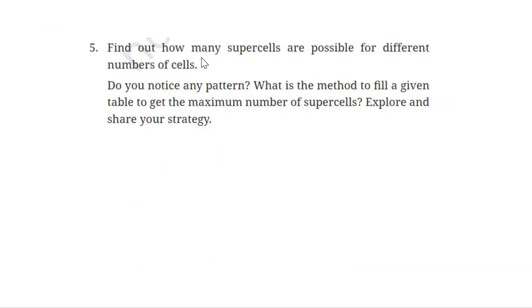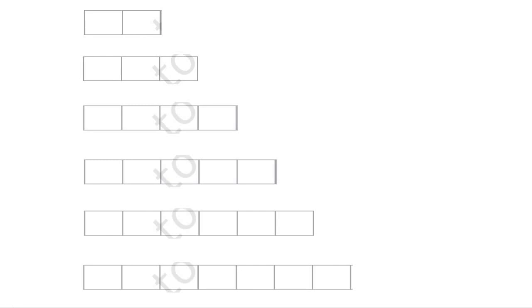Next question: find out how many supercells are possible for different numbers of cells and see if we get some pattern. What is the method of filling a given table to get the maximum number of supercells? Let's see. Suppose this is the number of cells.